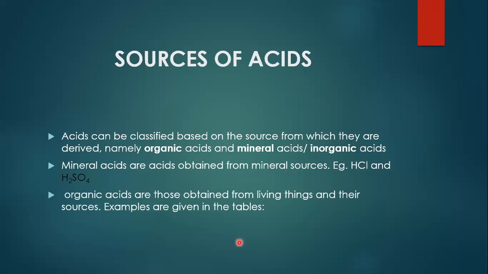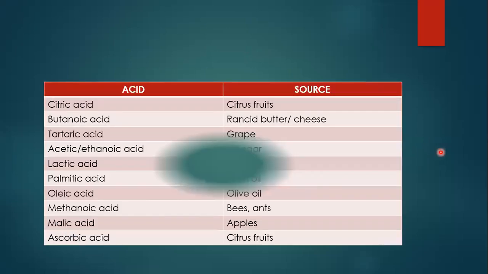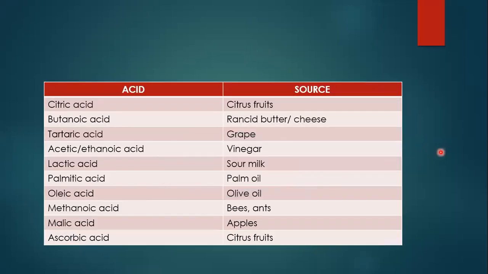Now we are going to look at these organic acids and where they are gotten from in a tabular form. So you have your acid on the left and the source of this acid on your right. The first acid, we have citric acid.